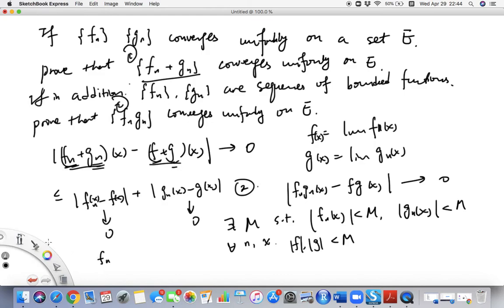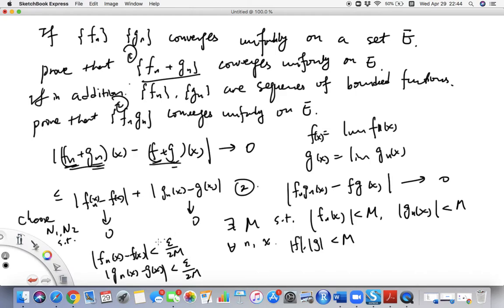We can choose n1 and n2 such that fn of x minus f of x is less than, say, epsilon over 2m, and gn of x minus g of x is less than epsilon over 2m. This is for all n greater than n1, and that's for all n greater than n2. Okay?